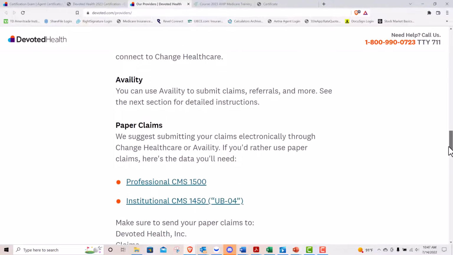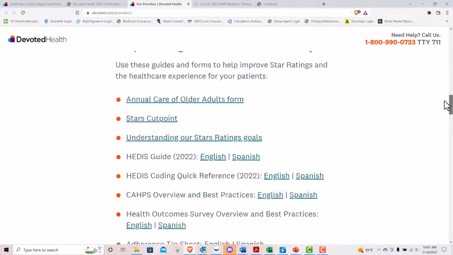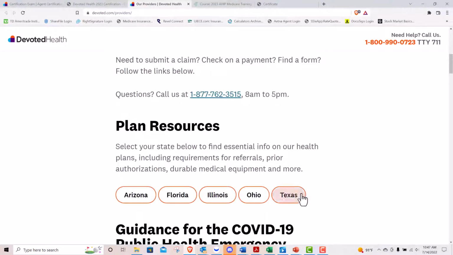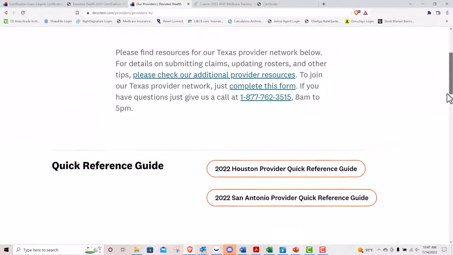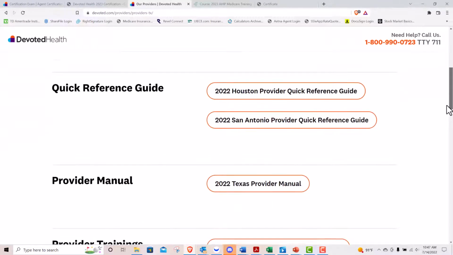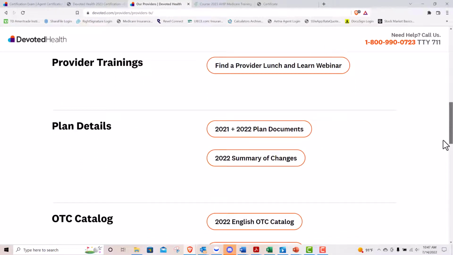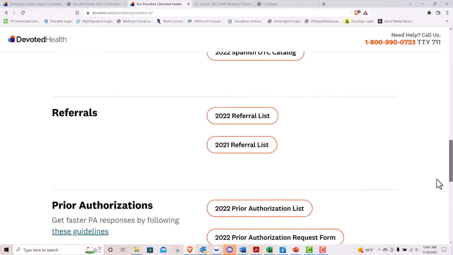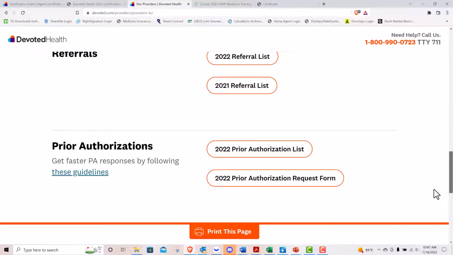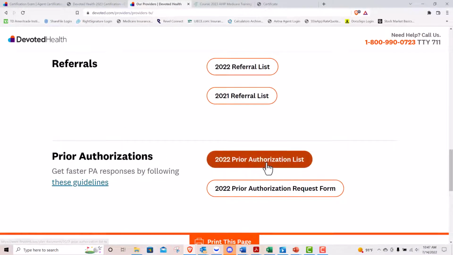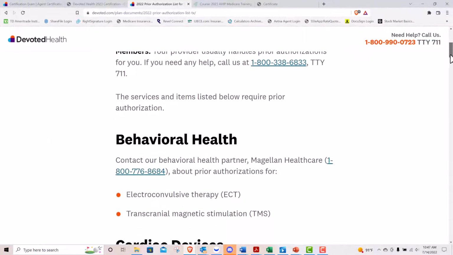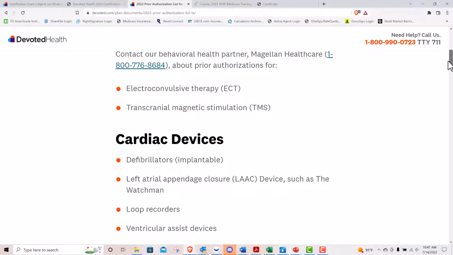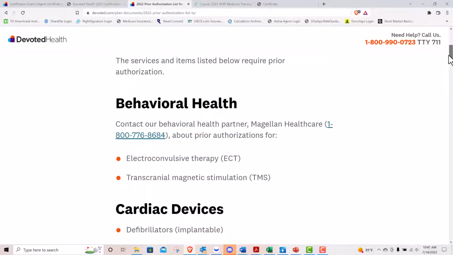This is all, of course, for doctors, but let's just try check, because I usually like to look at these things. All right, so it looks like they will allow doctors to take a list here and see all of these items require a PA.